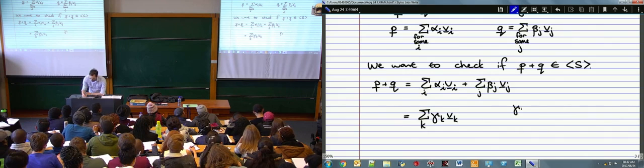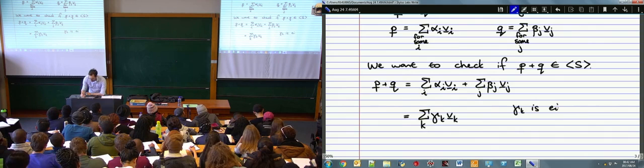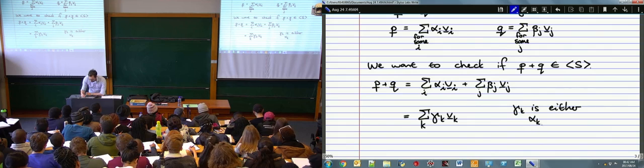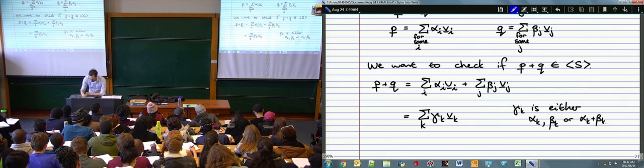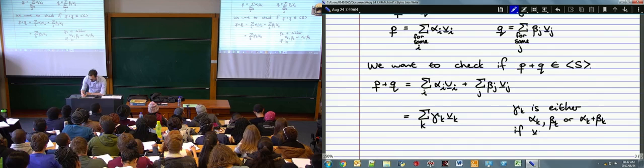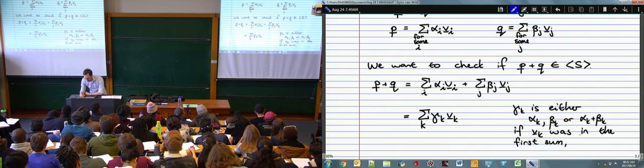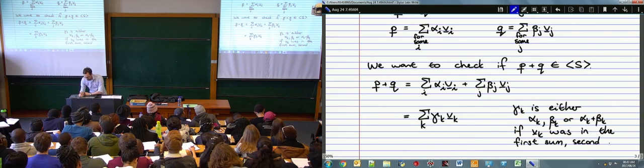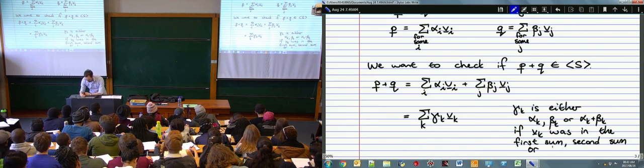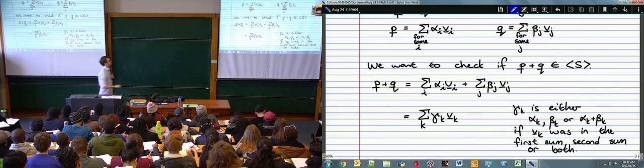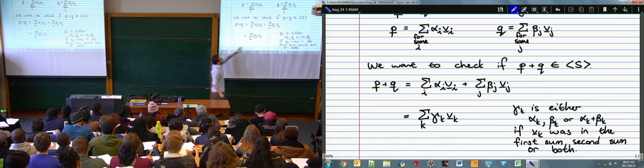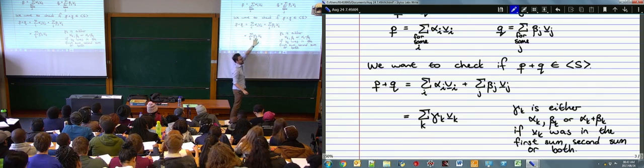And gamma k is either alpha k, beta k, or alpha k plus beta k if vk was in both sums. So this is, I guess, the only tricky part. You've got to think a little bit carefully about what these coefficients should be.